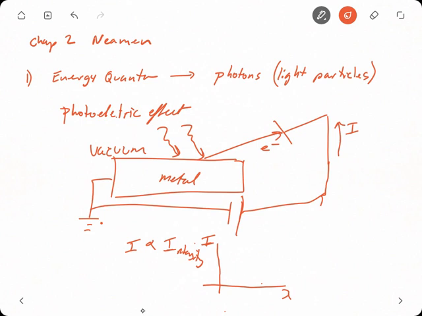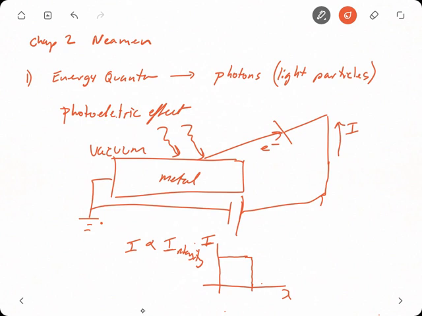And so you get some current until you hit a threshold where the light, which is towards the red end of the spectrum, does not actually have enough energy to pull the electrons out of the metal.